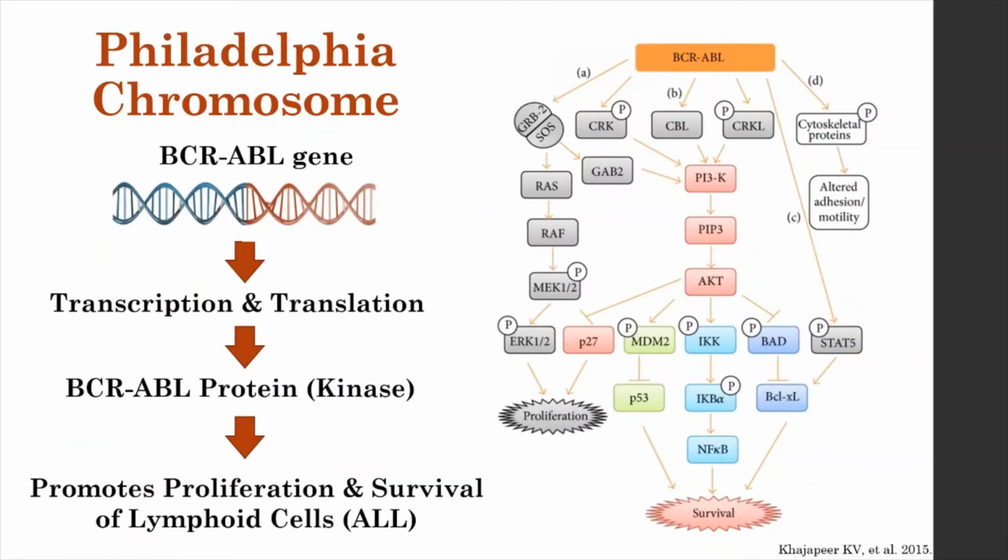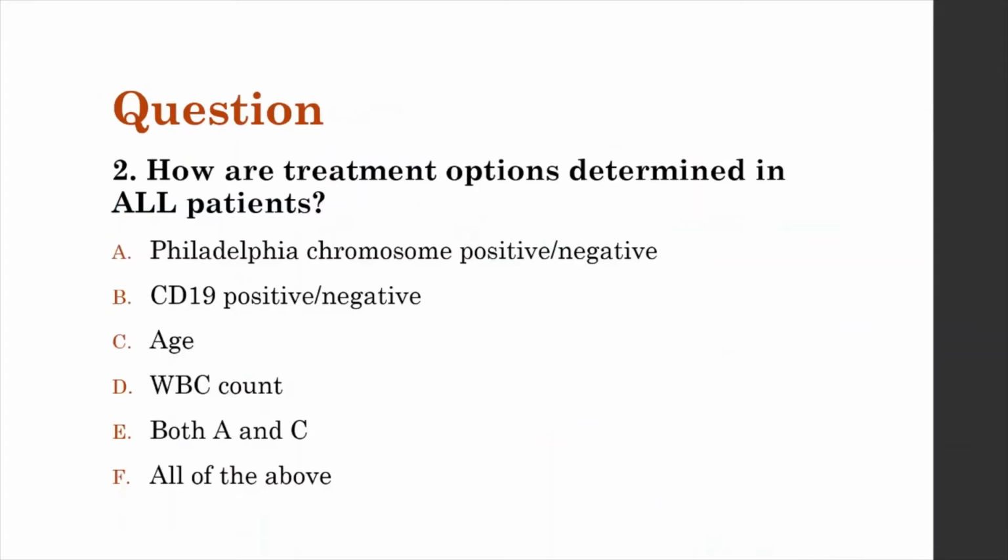And this BCR-ABL gene is able to be transcribed and translated into a protein, the BCR-ABL protein, which is a kinase. And we know kinases are activators within cells. So this brand new BCR-ABL protein activates various pathways within cells to promote proliferation and survival of lymphoid cells. And this is one of the causes of ALL.